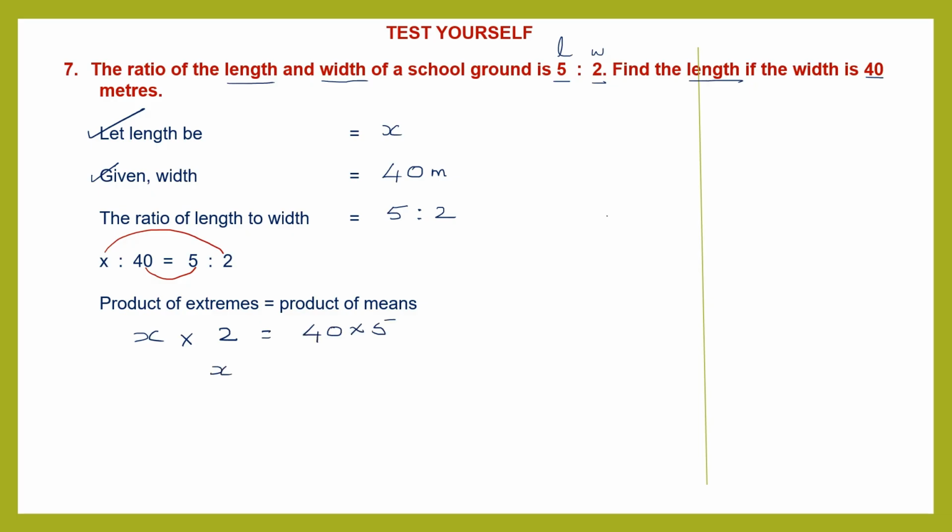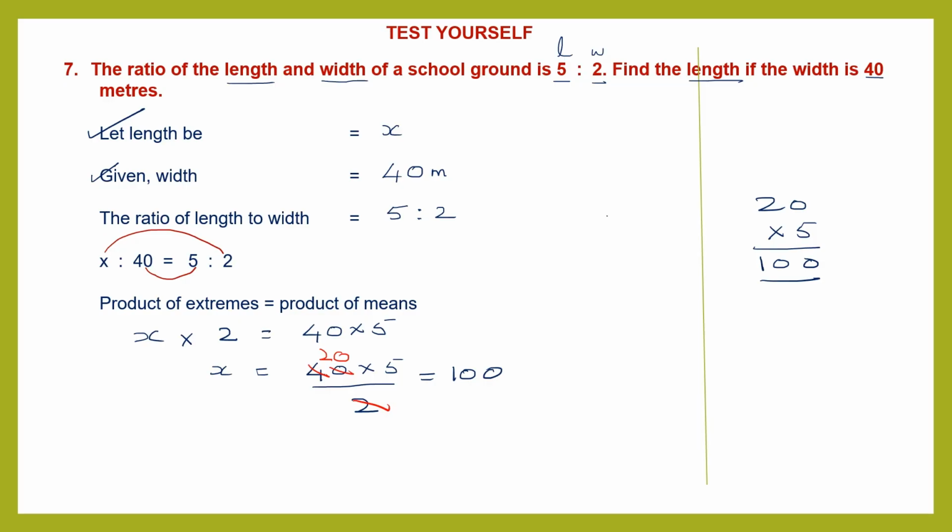So we can find the value of x: 40 into 5, and I can take 2 to the other side. It becomes division. Now I can cancel 2 and 40. 2 twos are 4, so 2 into 20 is 40. So let's multiply 20 into 5. 5 zeros are 0, 5 twos are 10, so I have 100. So x is equal to 100.